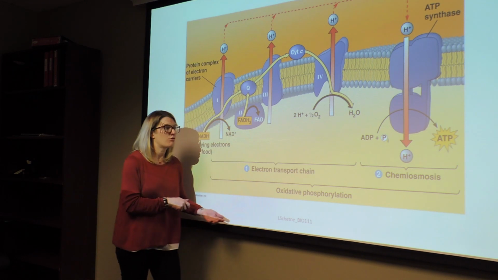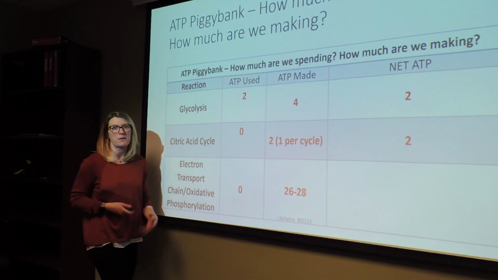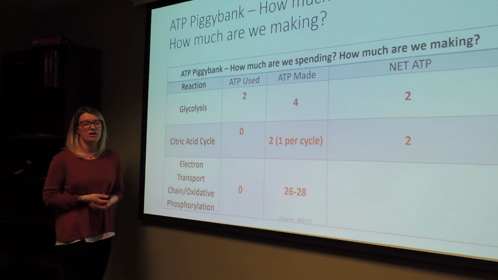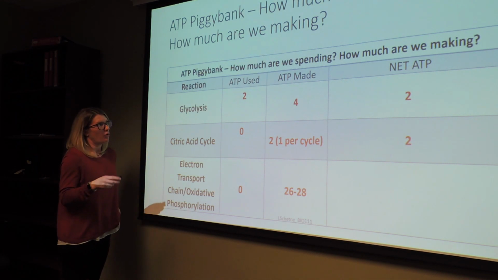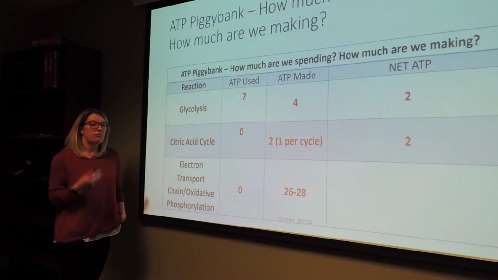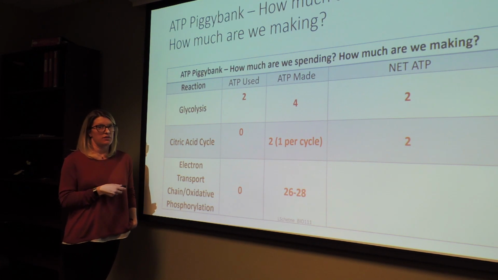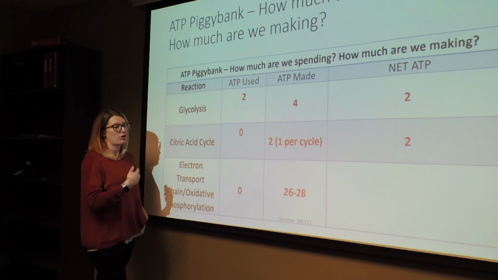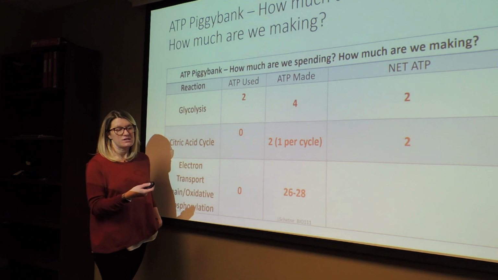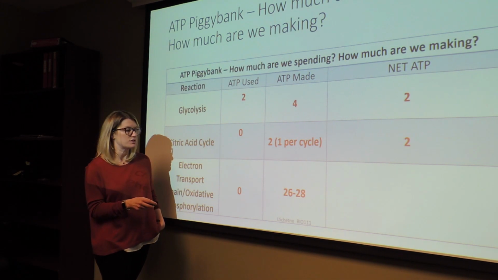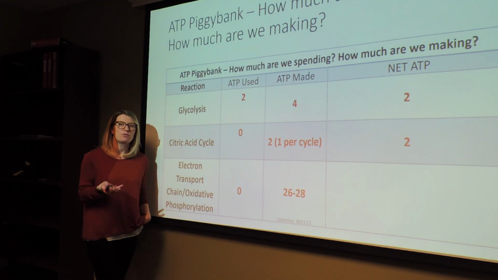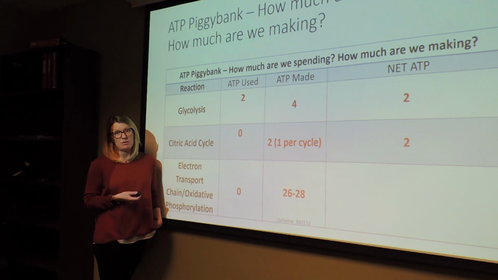And so now, if we go back to our piggy bank where we were keeping track of how much ATP cellular respiration makes, we can add that for every electron transport chain that creates this proton gradient that allows ATP synthase to perform chemiosmosis, this process will make between 26 to 28 ATP molecules.